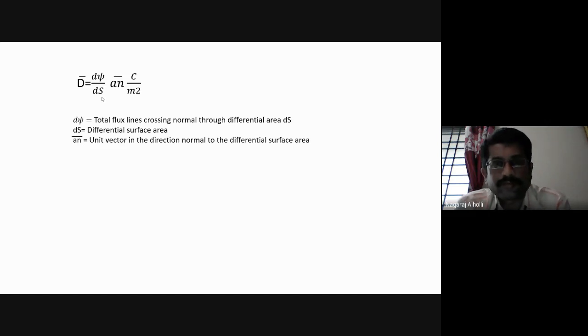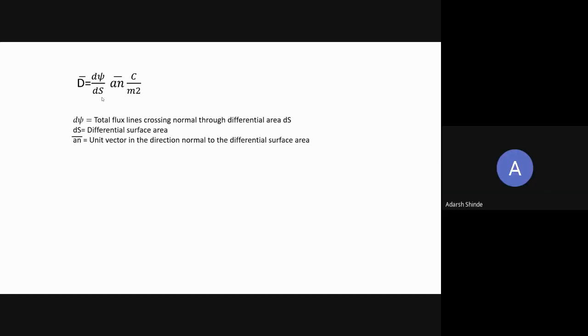Come on, tell me. Why we have to consider it as flux density for a single charge calculation of flux density.